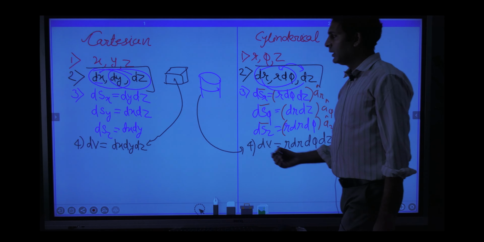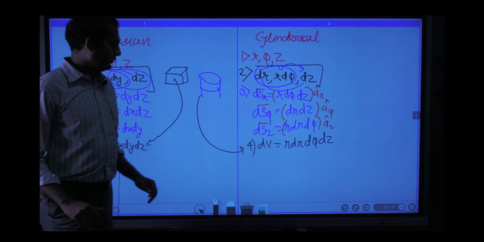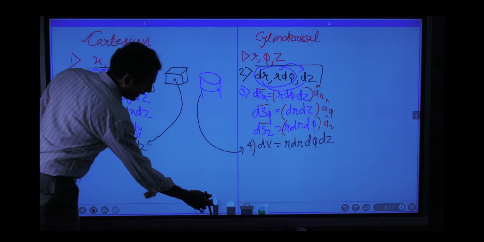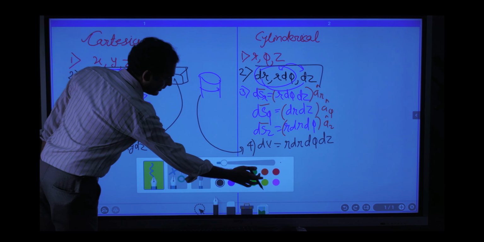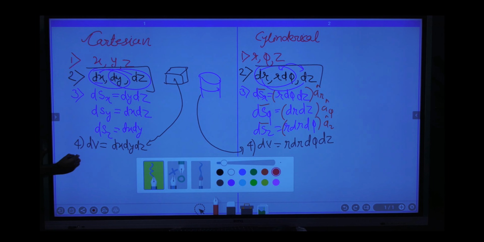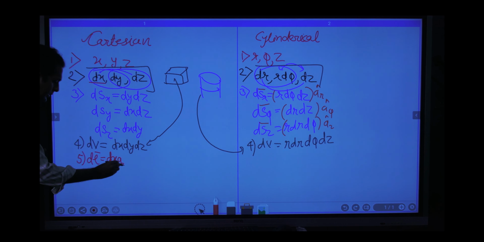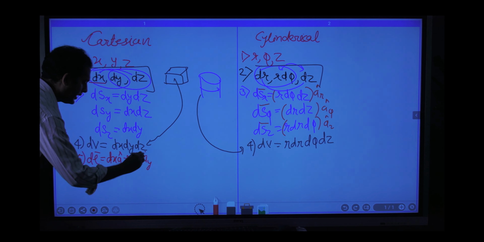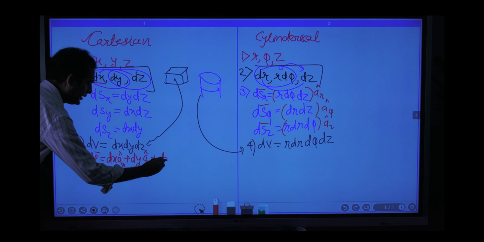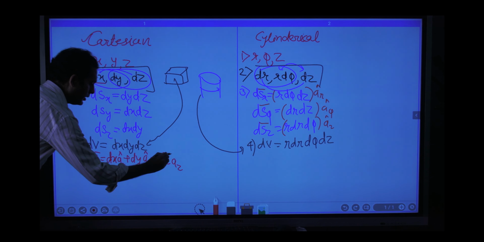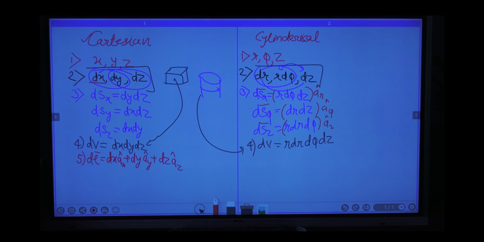So this volume, again we can define for differential length. What is differential length? Differential length is the addition of these three elements. So fifth one we can write for differential length, say dl bar, addition of these three: dx magnitude, its direction is ax cap, plus dy magnitude, its direction is ay cap, plus dz magnitude, its direction is az cap.